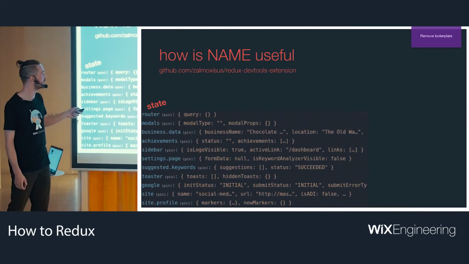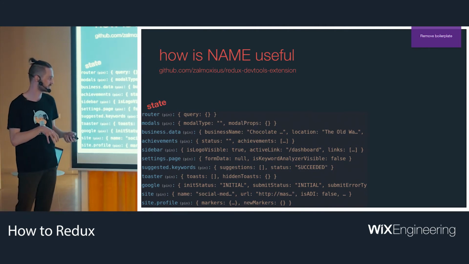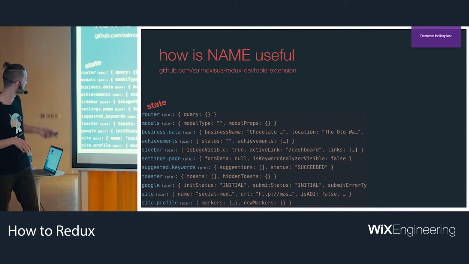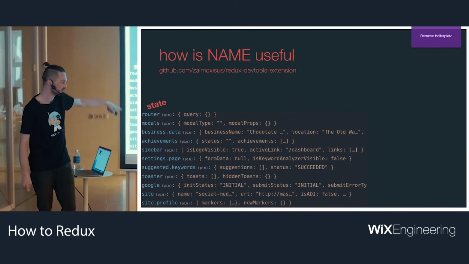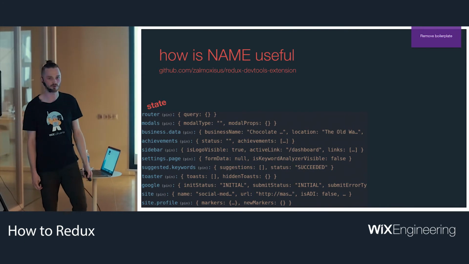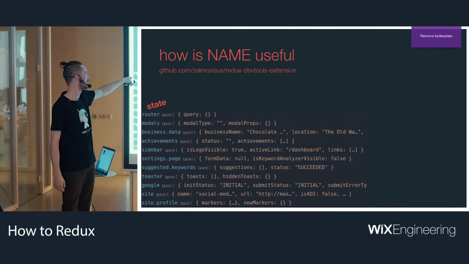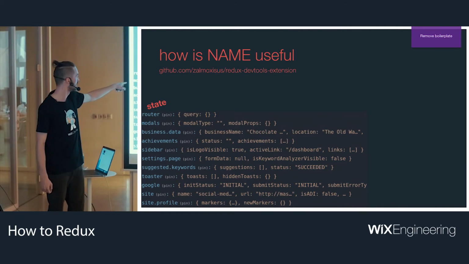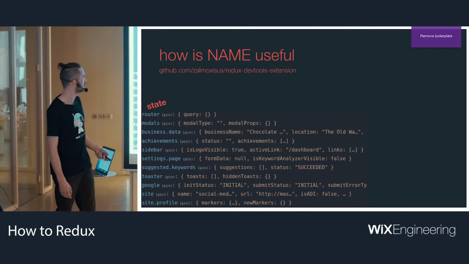In this debugger, DevTools, you can see the shape of the state at some point in time. Here's how it looks. These blue things are the names of components. Somewhere I have a folder called router, and there is a name router. Somewhere I have business data, and there is a name business data.